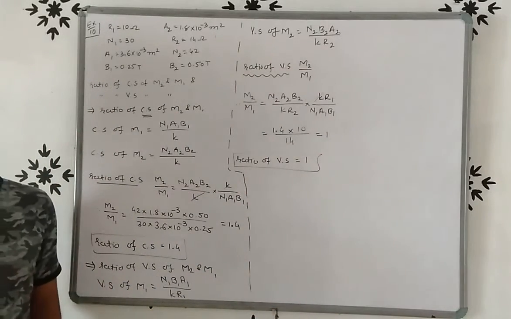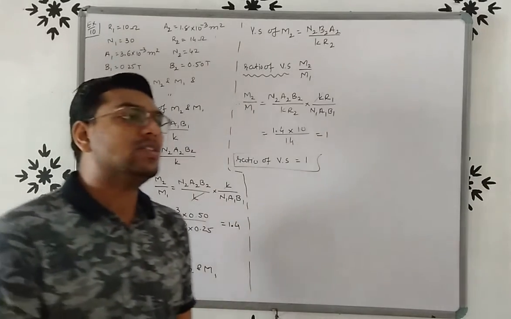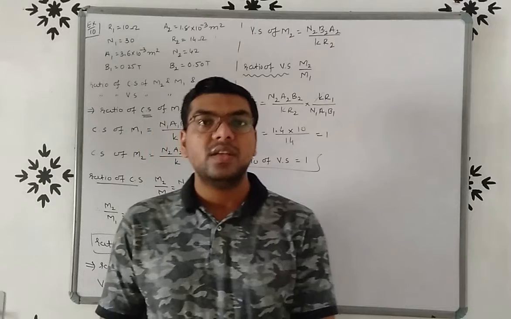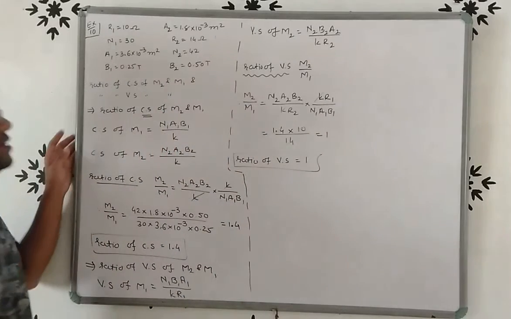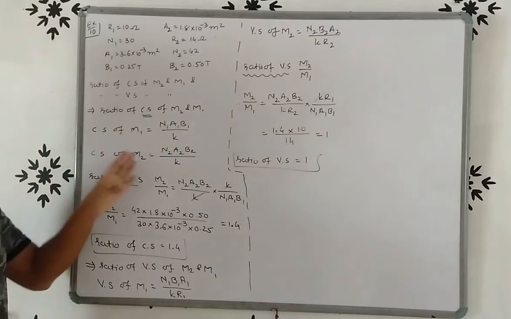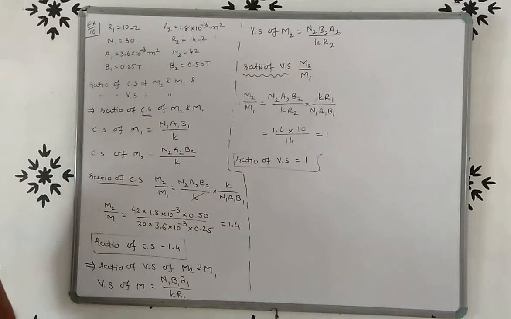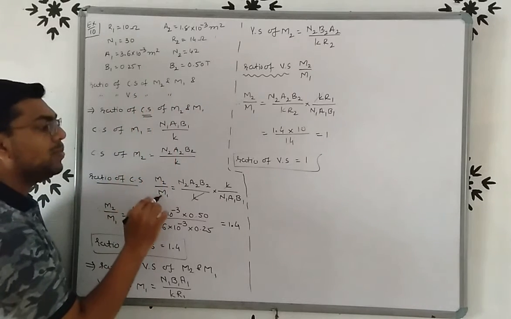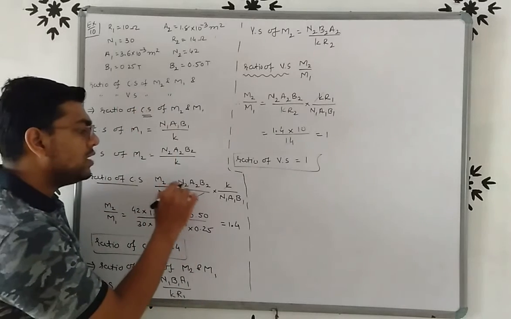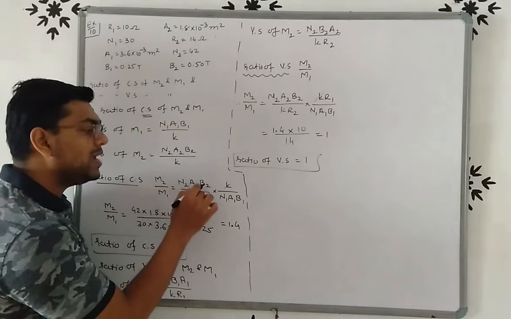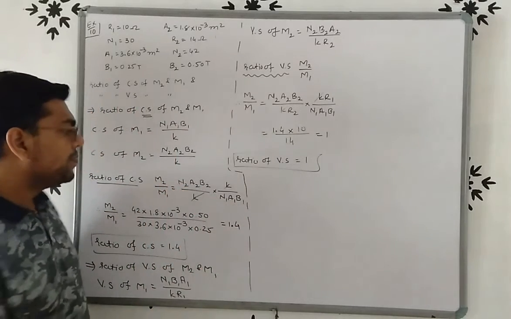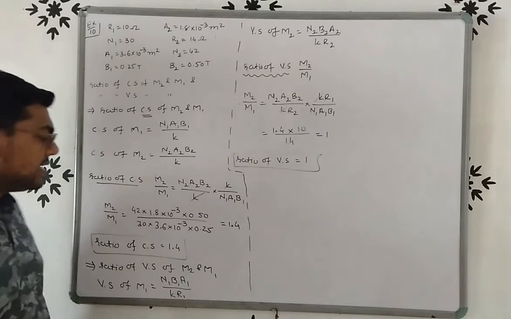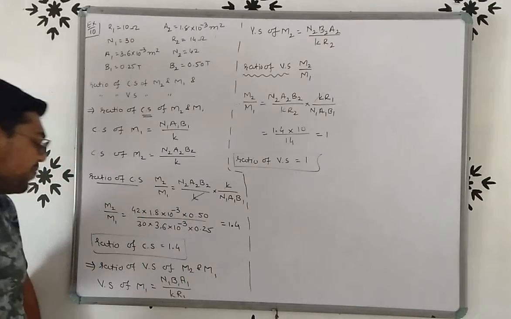Current sensitivity is NAB by K, so for M1 N1 A1 B1 by K and for M2 N2 A2 B2 by K. The ratio M2 by M1 gives N2 A2 B2 by N1 A1 B1, which is 1.4.